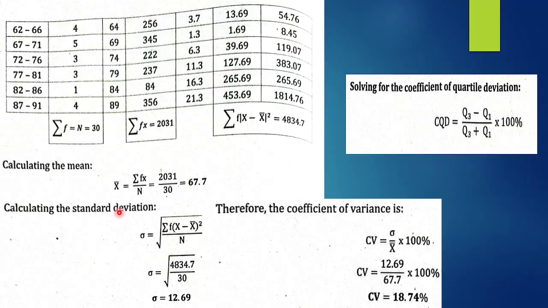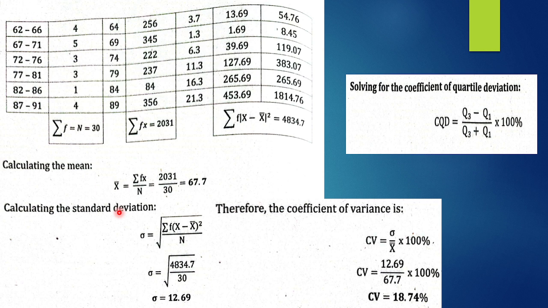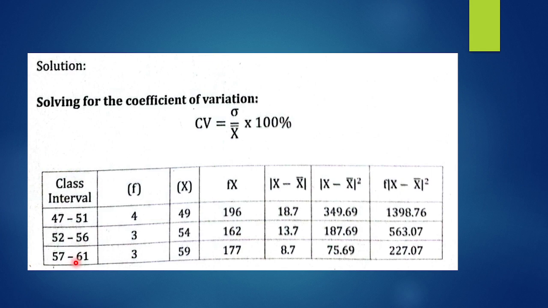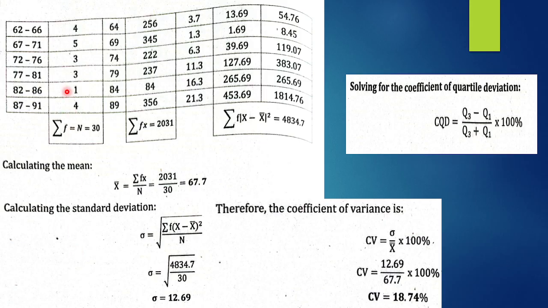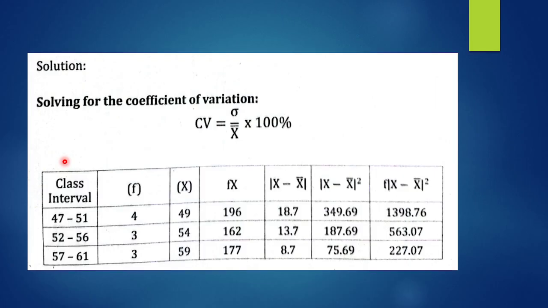We do have 9 class intervals: 47, 52, 57, and so on. 1, 2, 3, 4, 5, 6, 7, 8, 9. Yes, that is correct. We do have 9 class intervals based on the given problem. After that, we tally the data, then we can have our frequency and our class mark on this one.